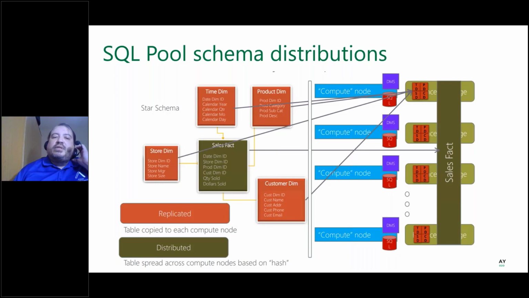So we need to see sales, but we need to see sales according to different dimensions. So what's the best distribution function for this? The best distribution function in this case would be, for the sales fact, which is the biggest table, we use a hash distribution.